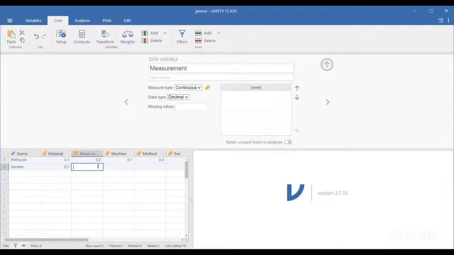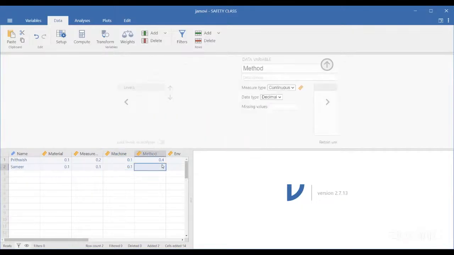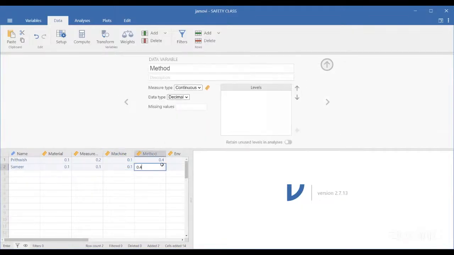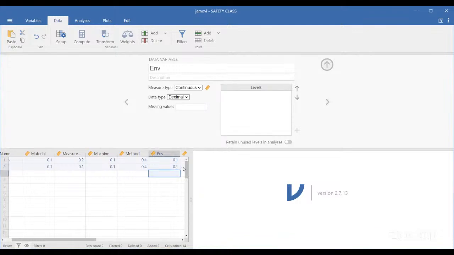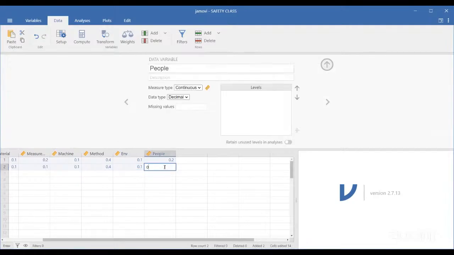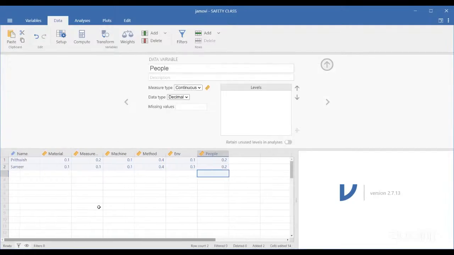Measurement is also 0.1. Machine is also 0.1. Method is 0.4. Environment is 0.1 and 0.2. People is 0.2.